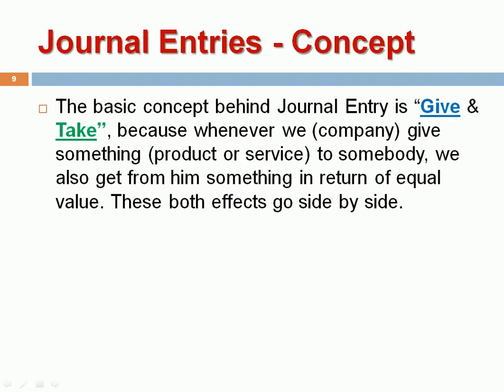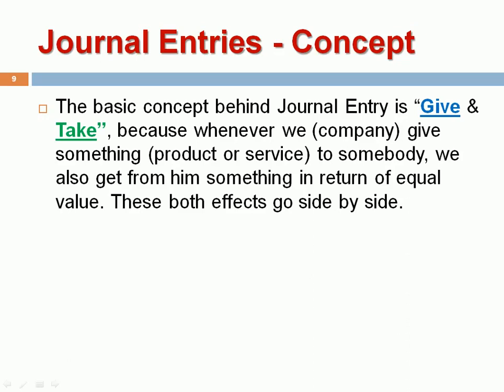So now, journal entries concepts. Basic concept behind journal entry is give and take, because whenever a company, we are considering ourselves as a company, we give something, product or service to somebody, we also get from him something in return of equal value.